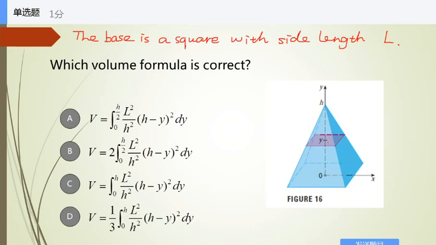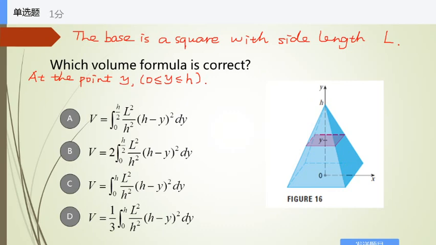So we were using y, so we cut for y between 0 and h. Let me give you some hint to finish this quiz. We cut it at the point y, and of course this y is between 0 and h, and this is the way we place the pyramid, in a vertical direction.